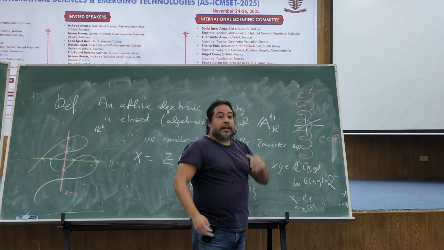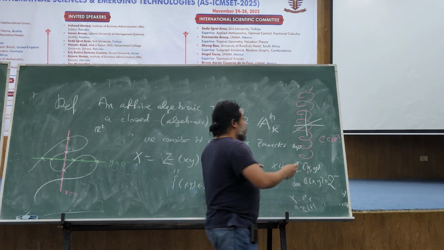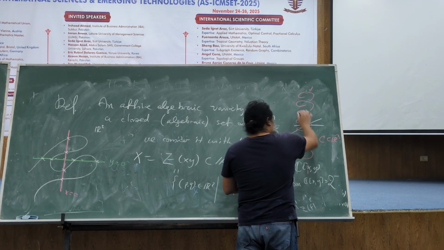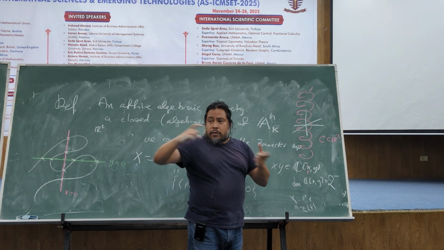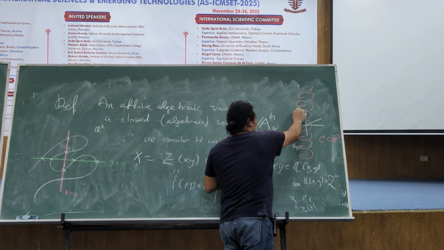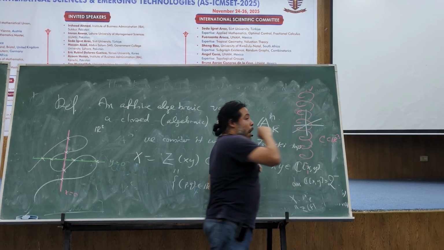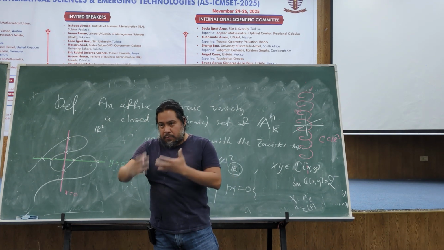But many of these arguments are local. For example, if I want to measure the curvature of the ellipse here, I just need to focus on a small ball. I just need to draw a small neighborhood here and analyze what happens around this small ball.